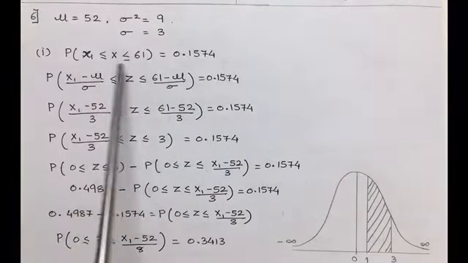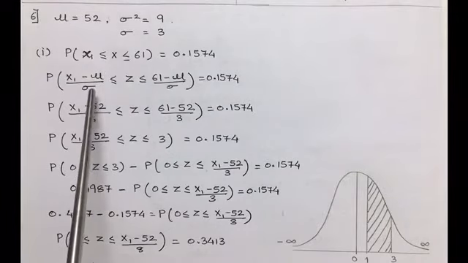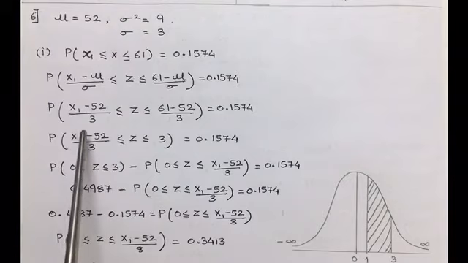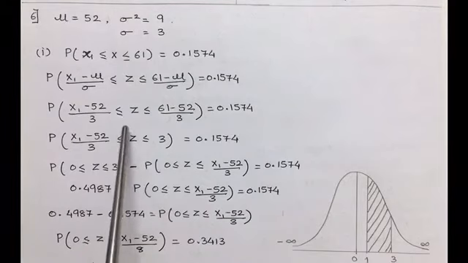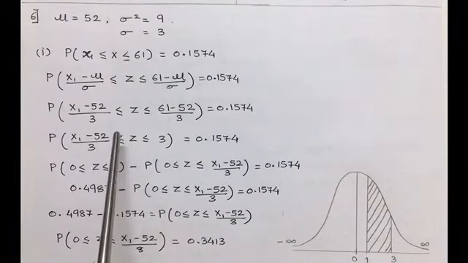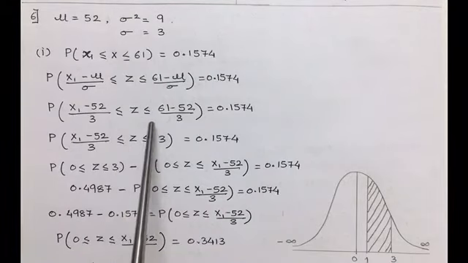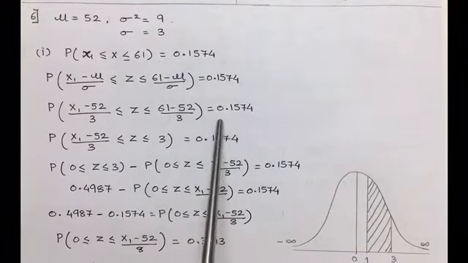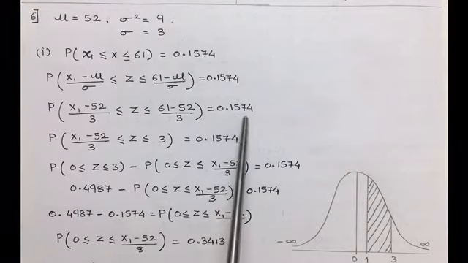Now standardizing this probability by subtracting mu and dividing by sigma, we get X1 minus 52 by 3 less than or equal to Z less than or equal to 61 minus 52 by 3 is equal to 0.1574.